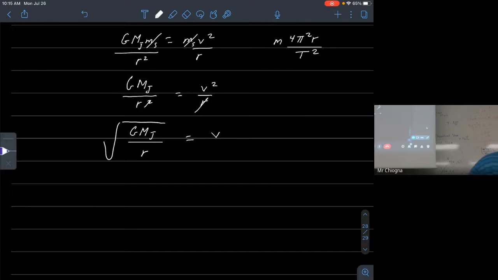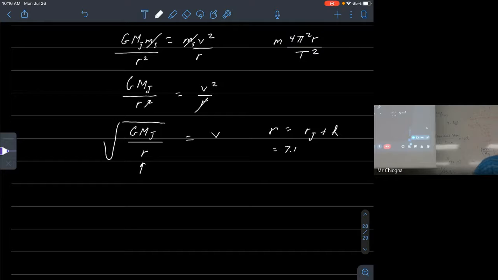One thing before beginning: remember that they give you the satellite's distance above the surface. So this R here is equal to the radius of Jupiter, which is given, plus that height. I'll write in the values so it's clear.